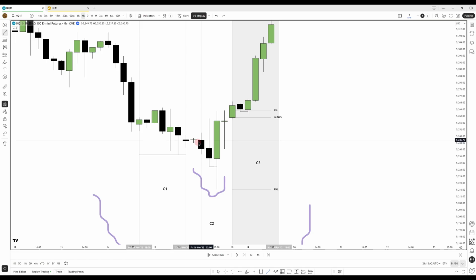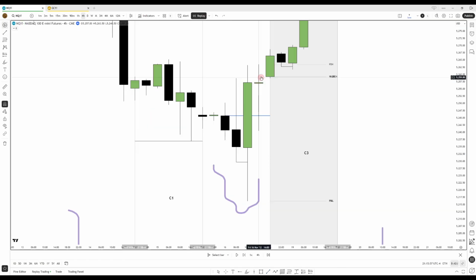These 2 black candles, and then we have this candle touching it and then continuing. Does this look familiar? You can say no if it doesn't. Do you remember order blocks? Okay. So we'll go over order blocks.